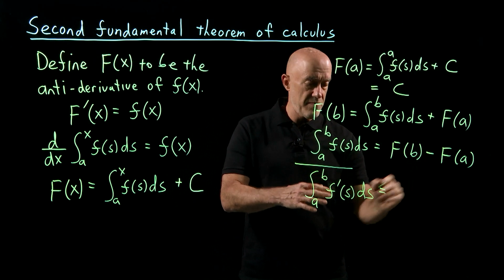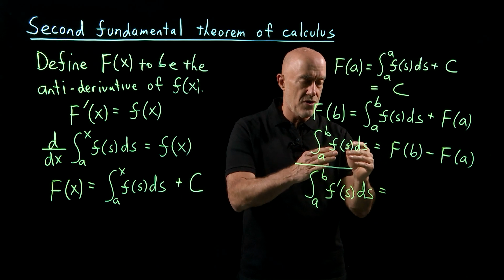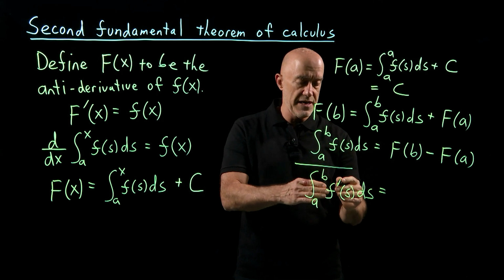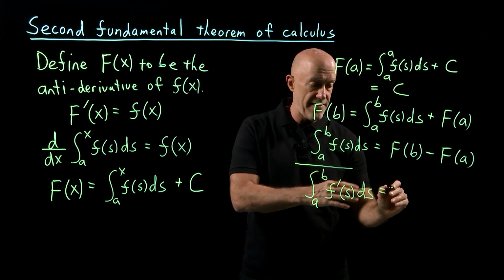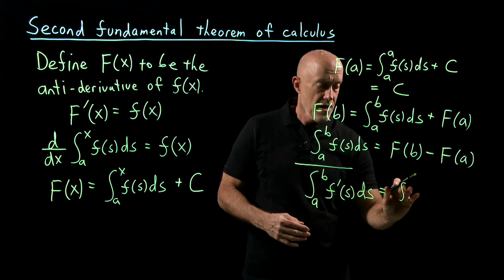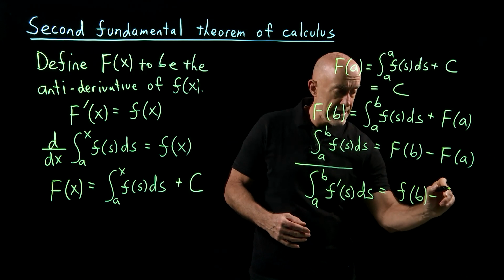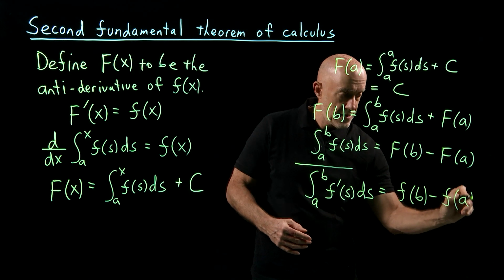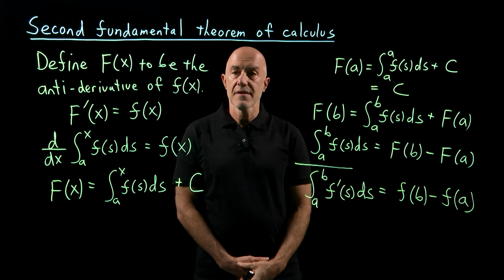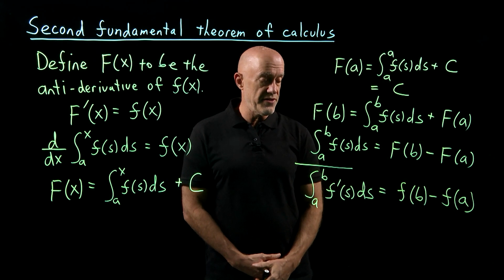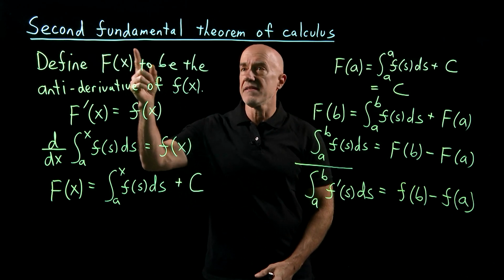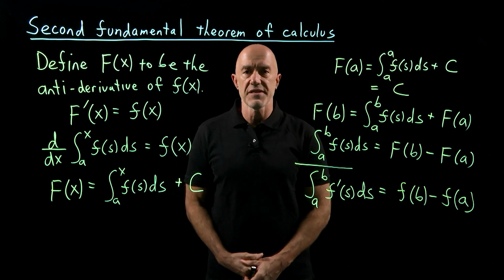Instead of going from little f to capital F, we can have f prime go to little f. So then this is just f of b minus f of a. And that is an easier way to remember the second fundamental theorem of calculus.